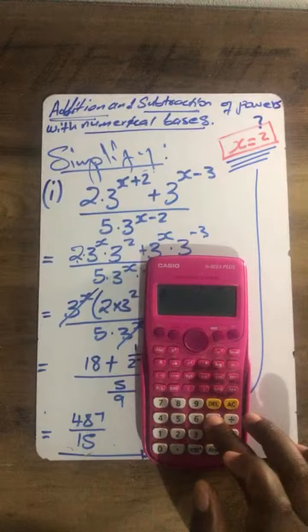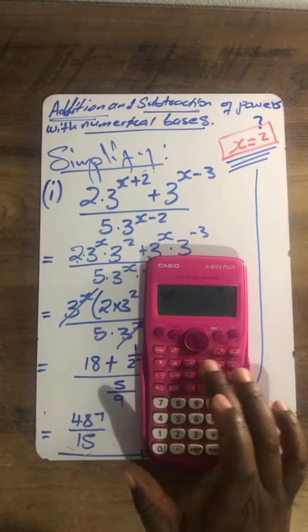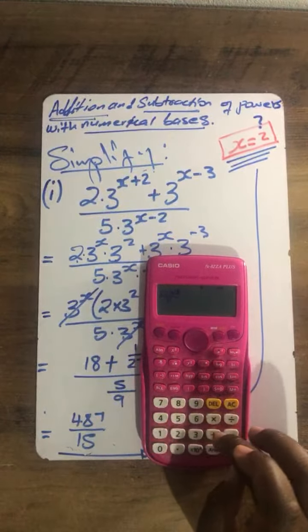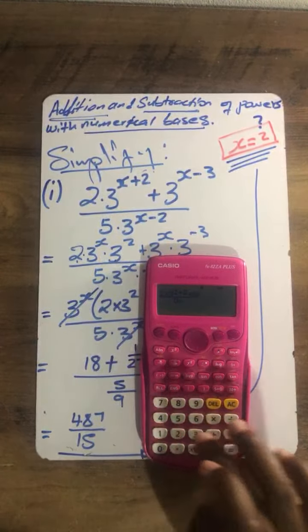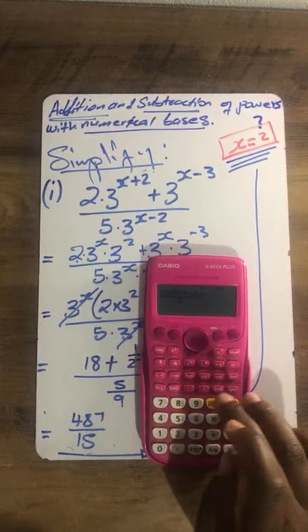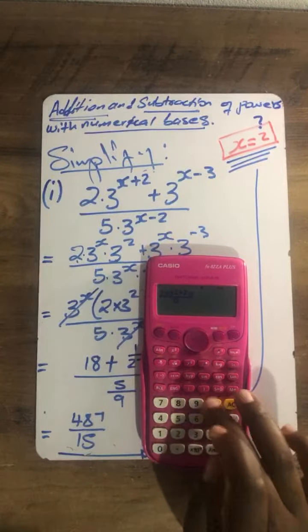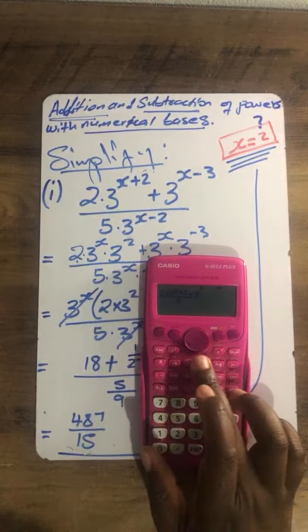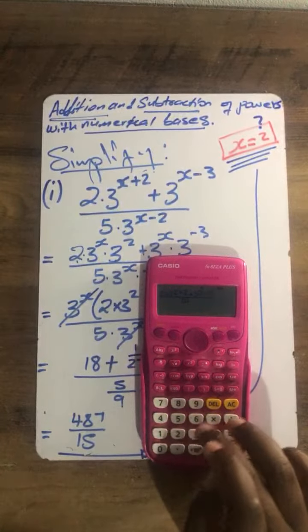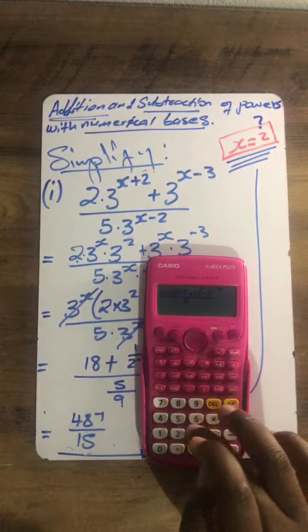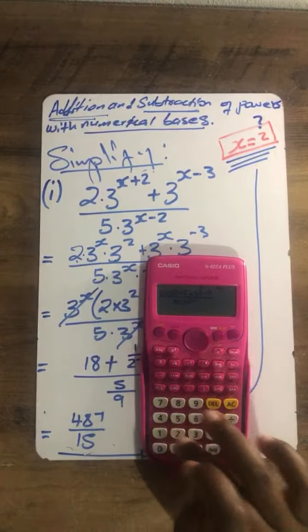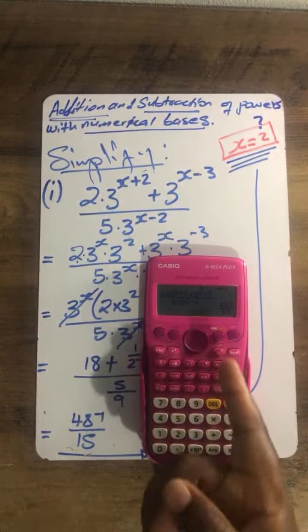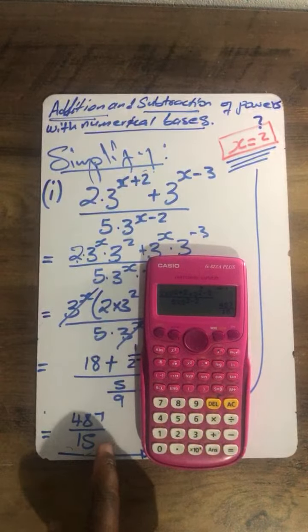So it's 2 times 3 to the exponent 2 plus 2, plus 3 to the exponent 2 minus 3, and at the bottom is 5 times 3 to the exponent 2 minus 2. Yes, can you see? It gives you that same answer.